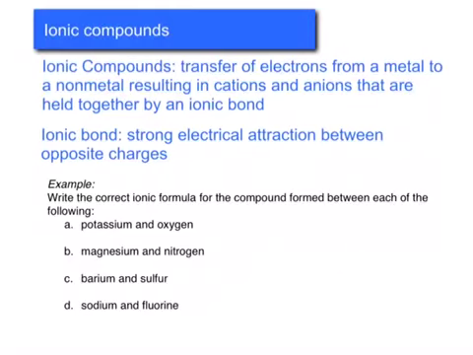And so in order to write an ionic formula, we need to know the charges of both of the ions that we're starting with. So if we form an ionic compound from potassium and oxygen, for example, if we look at our periodic table, potassium is an alkali metal, and so that means it's going to have a +1 charge, and oxygen is found in the 6th column, so it wants to gain 2 electrons to have a full octet. Okay, so we have K+ and O2-.